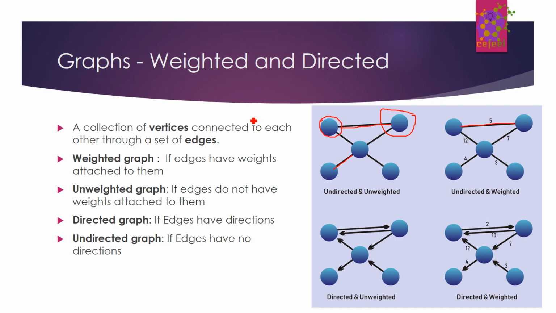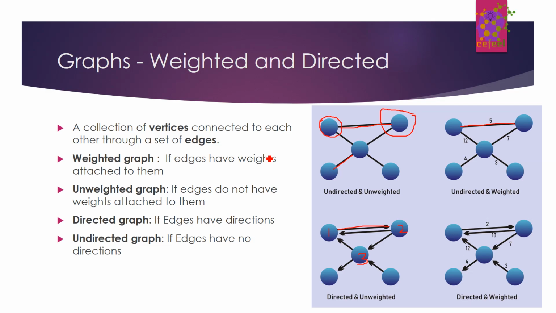Similarly comes the concept of directedness and undirectedness. If edges have directions, then the graph is called a directed graph. Like in this one, you can see there is a directed edge from node 1 to node 2, and there is also a directed edge from node 3 to node 1.